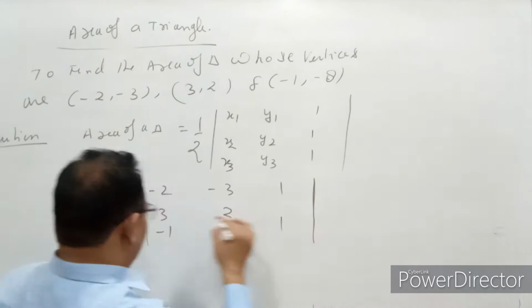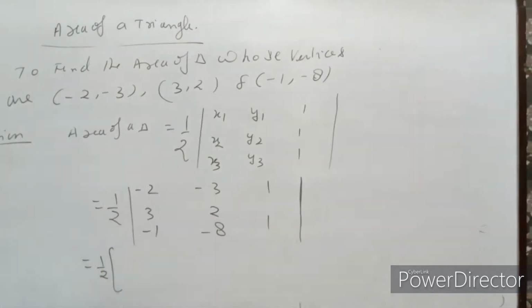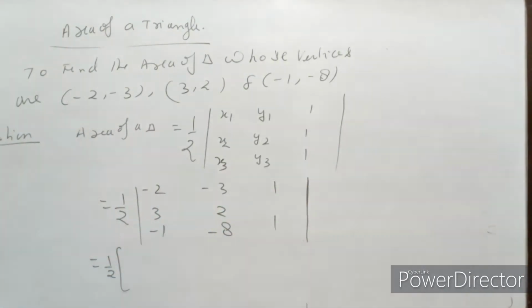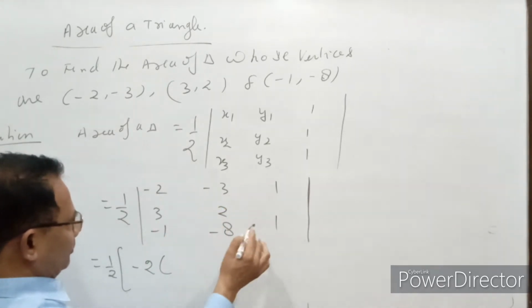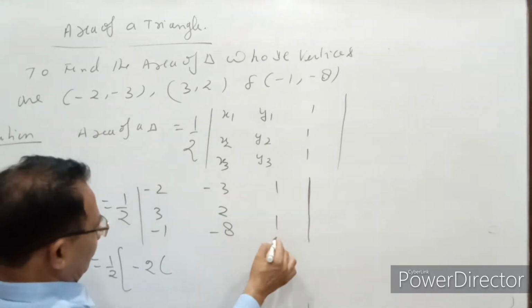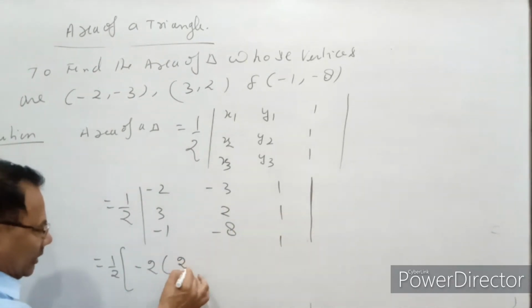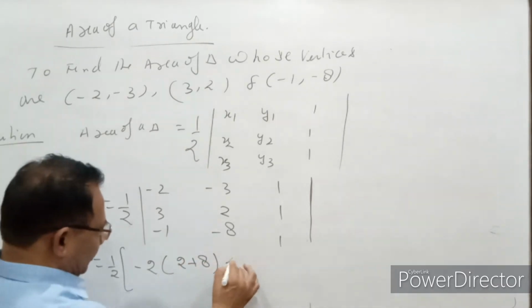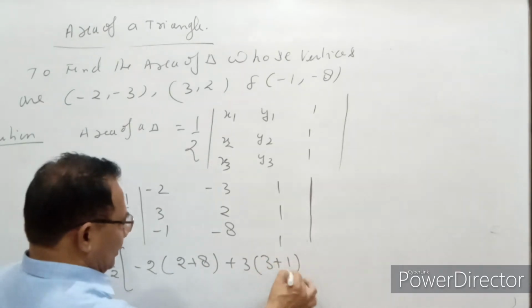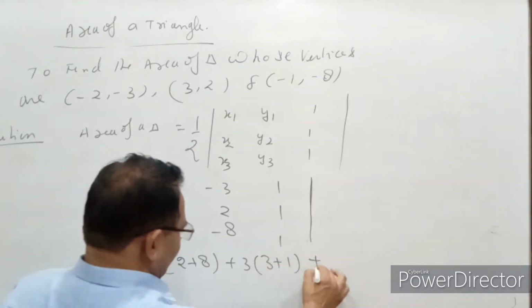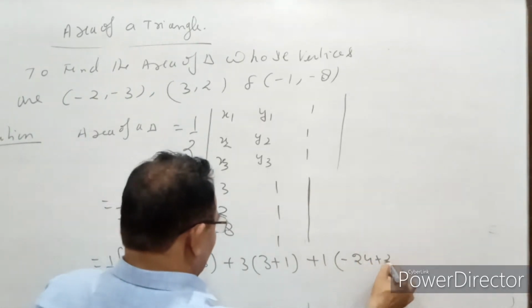Now we evaluate the value of this determinant by expanding along the first row: -2 into (2 + 8), plus 3 into (3 - 1), plus 1 into (24 + 2).